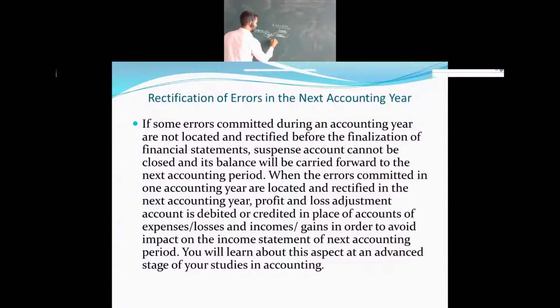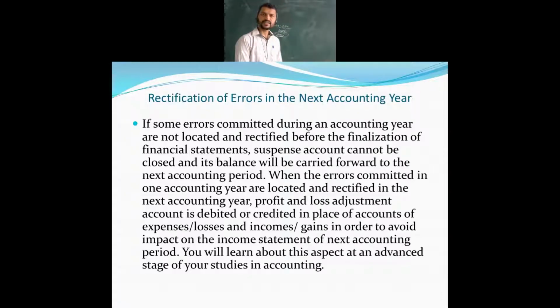It will be carried forward. You are going to carry the suspense account to the next accounting year, 2021. So this account will be carried to the next accounting year. That's the point to be seen over here, carried forward to the next accounting year.